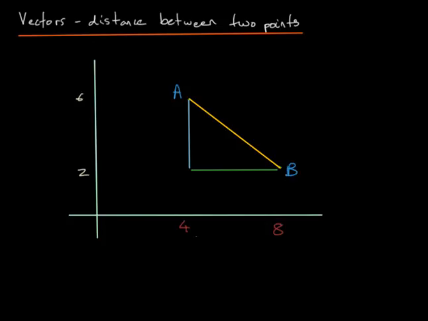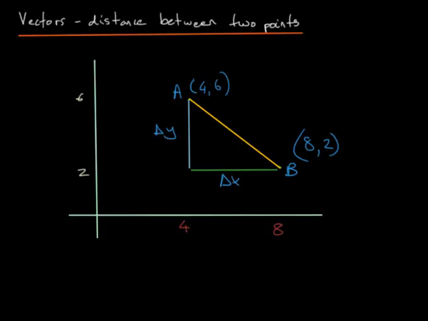we can say that x and y for A are 4 and 6, right? And for B, 8 and 2, x, y. And so if I want to know the height of this triangle, I need to subtract the y's, so this is delta y, or change in y, and here subtract the x's, this is delta x.